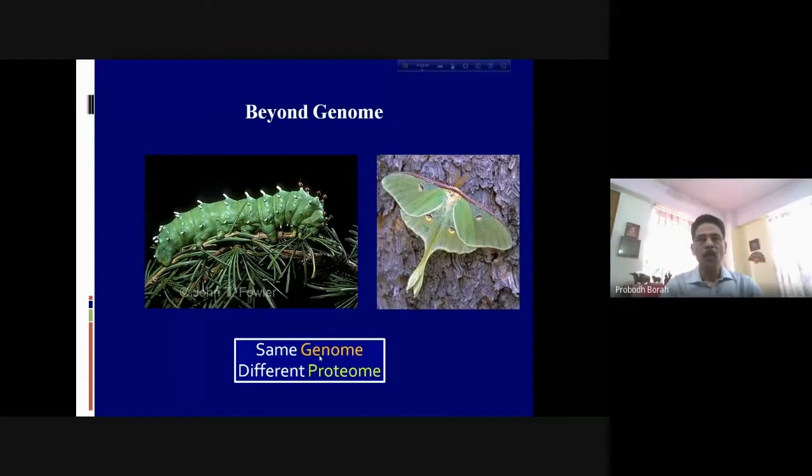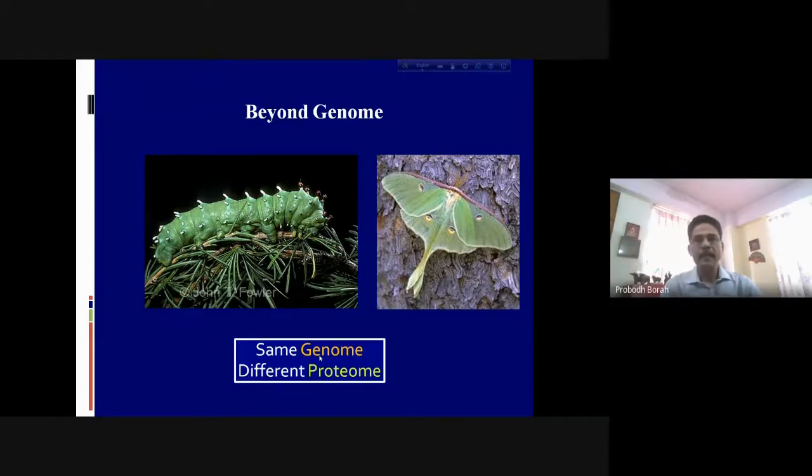Now, so far we have discussed the nature of the genetic code and how changes in the nucleotide sequences cause variation in the phenotypic characteristics in diverse species or within a species. But the genome or the gene sequence cannot explain all the variabilities or diversities in living systems.